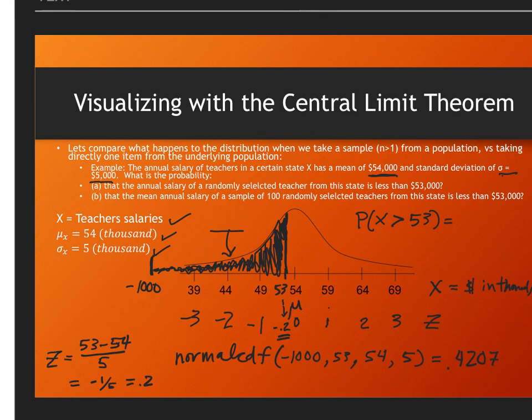It means you want to standardize this and practice this a little bit. But the area that we found here, which we know is a little less than 50%, is 0.4207. So about 42% probability that we would randomly select one teacher that has a salary of $53,000 or less.